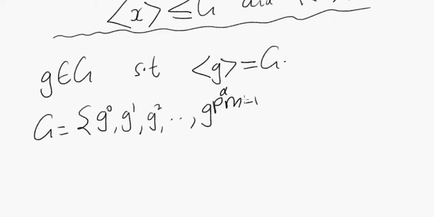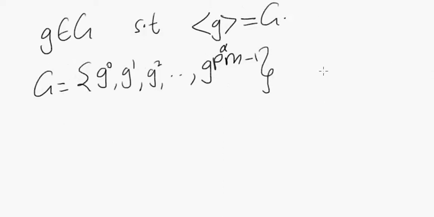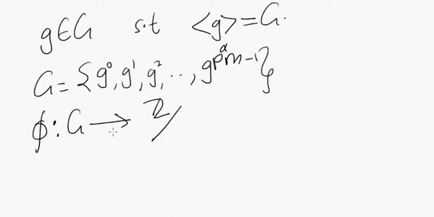Alright, so if G is cyclic, can't we say that it can be written in this form? Okay. Now suppose we define an isomorphism phi, again, please check that it's an isomorphism. It's not necessarily obvious, but suppose that we define an isomorphism phi from G to Z mod p to the alpha times m Z.